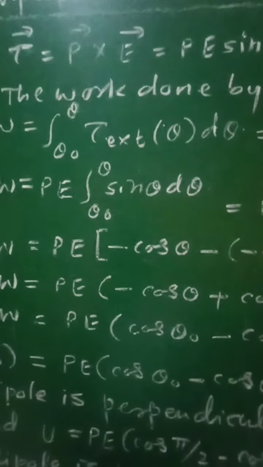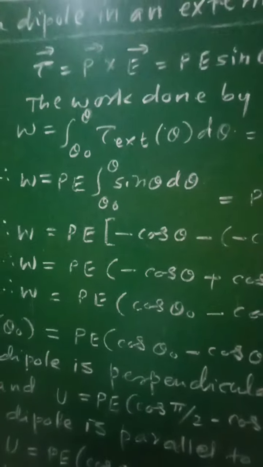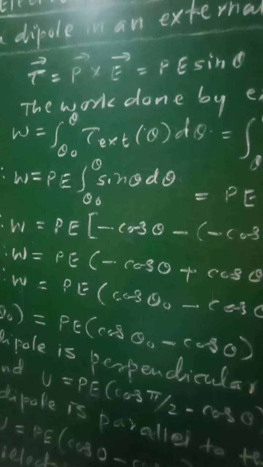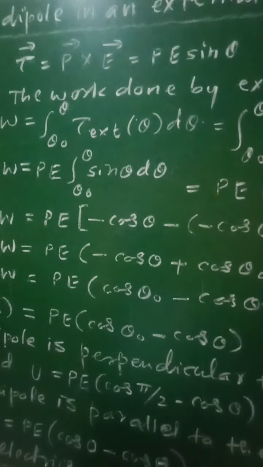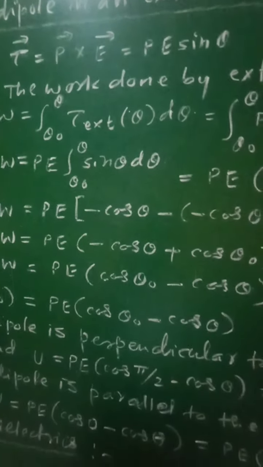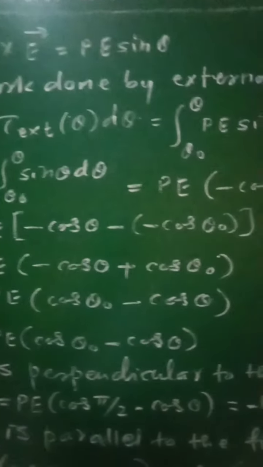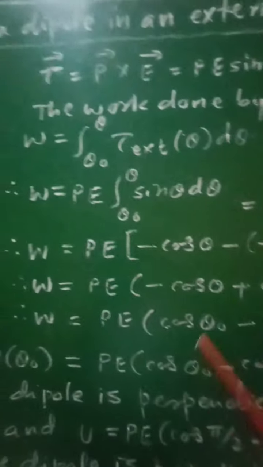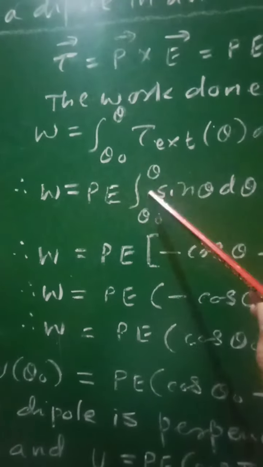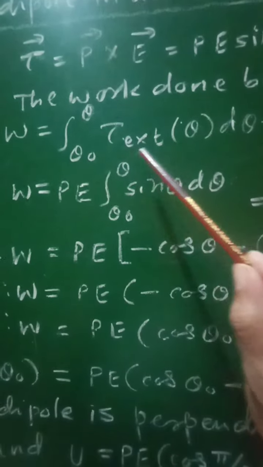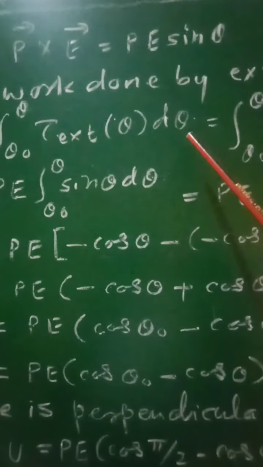Now when that external torque is acting on the electric dipole, the electric dipole will get displaced from initial angle theta 0 to final angle theta, and therefore work will be done. This work done by the external torque is given as W equal to integration theta 0 to theta of torque external at theta into d theta.